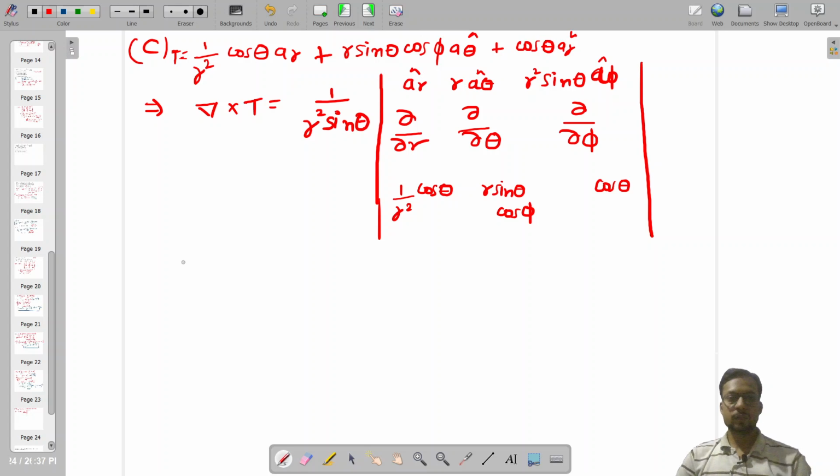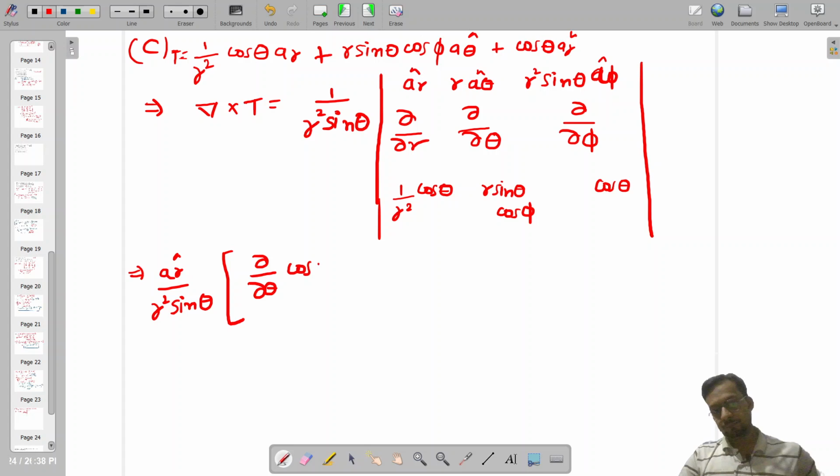So evaluating with respect to unit vectors a r, a theta and a phi, first taking a r and this term r square sine theta, we have del upon del theta cos theta minus del upon del phi 1 upon r sine theta cos phi.